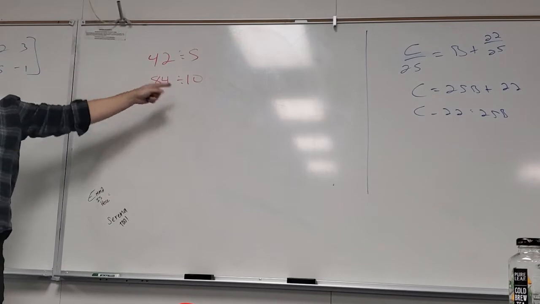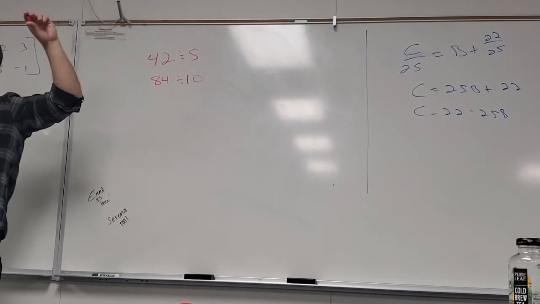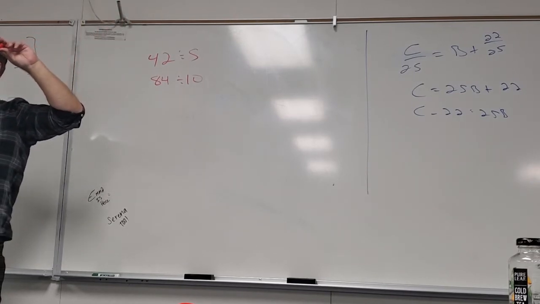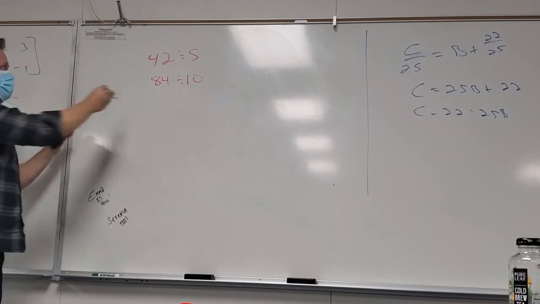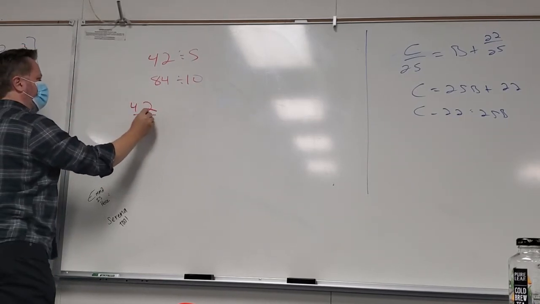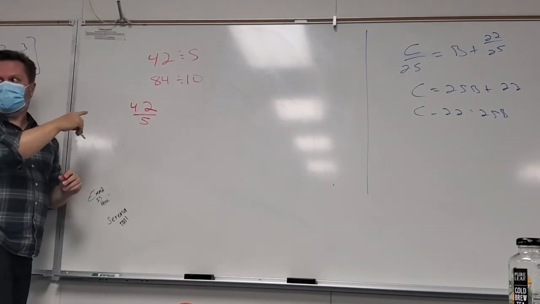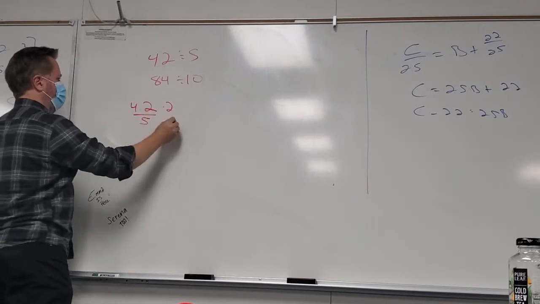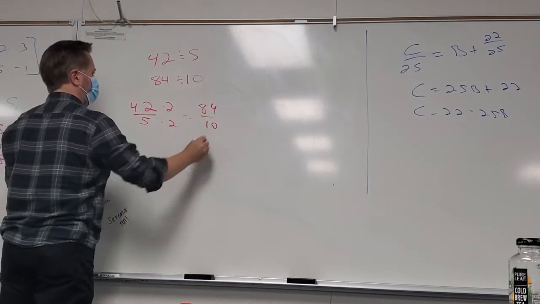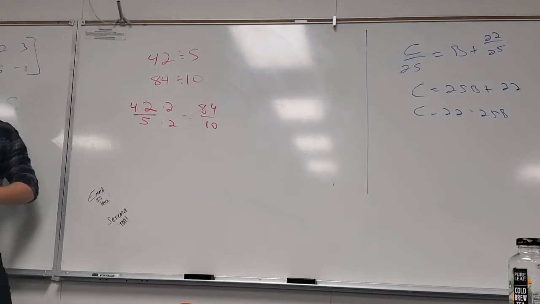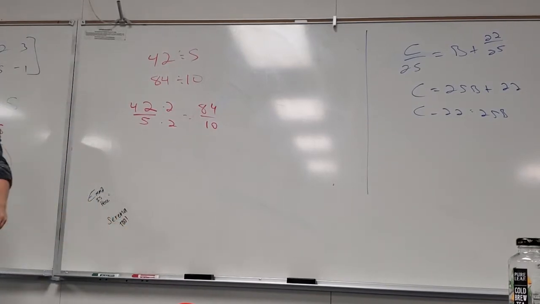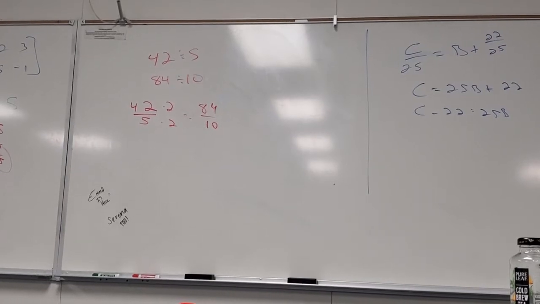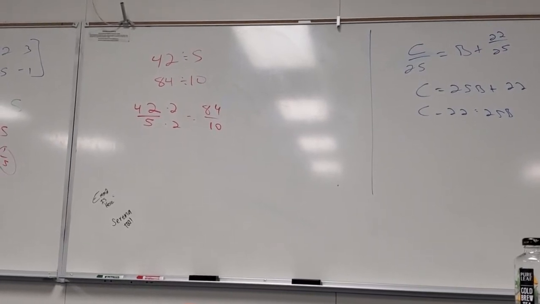And then 84 divided by 10 is 8.4. Move the decimal back once, right? So what am I doing? What's 42 divided by 5? Can't I double the top and bottom? Because that's what we do with fractions. Yes? That's why 5 is a special factor, because there's one thing I can do to make dividing by it easier.